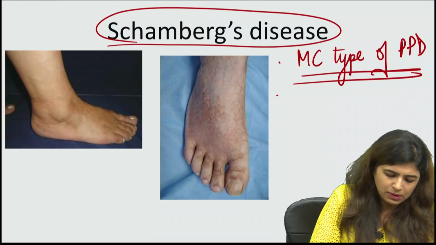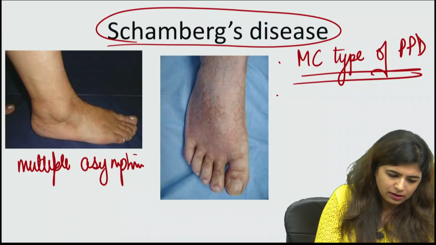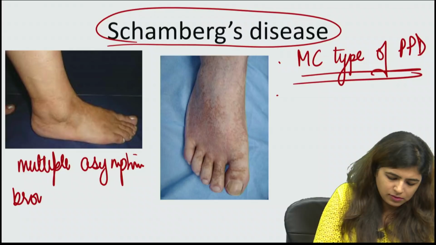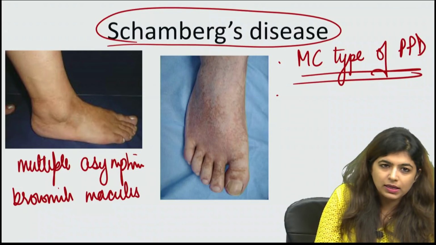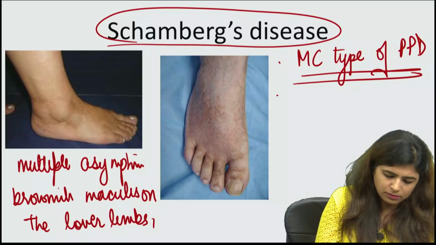You see multiple asymptomatic brownish macules on the lower limbs.